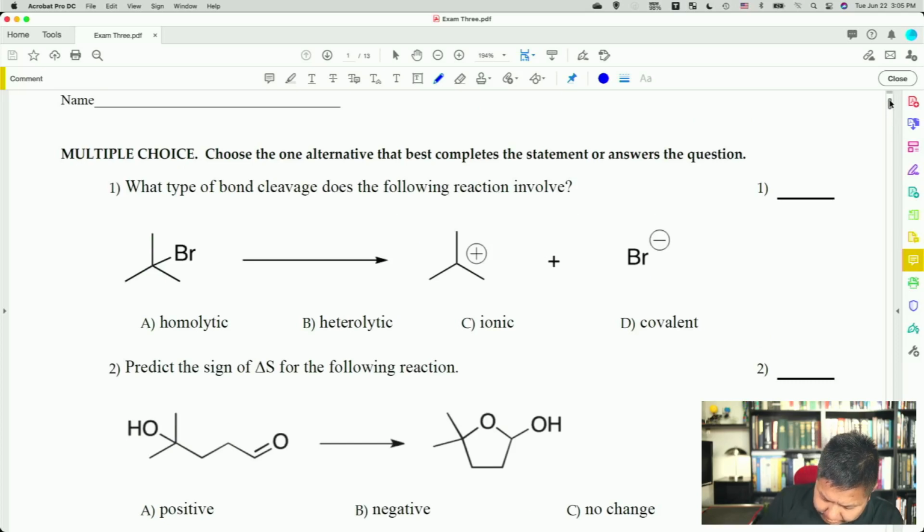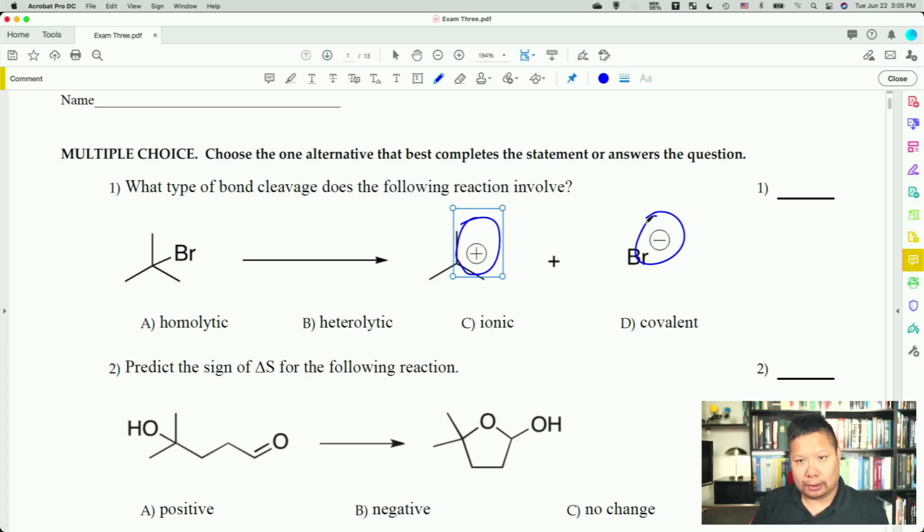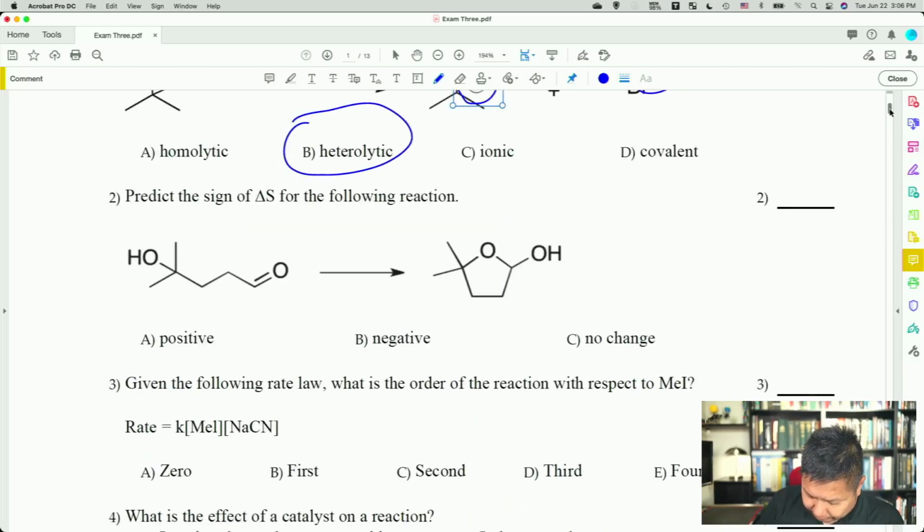Okay, so we have a cation there, and we have an anion there. That means that an electron pair went with the bromine, right? So that would definitely be a heterolytic bond cleavage.